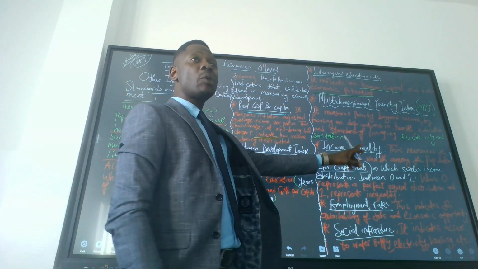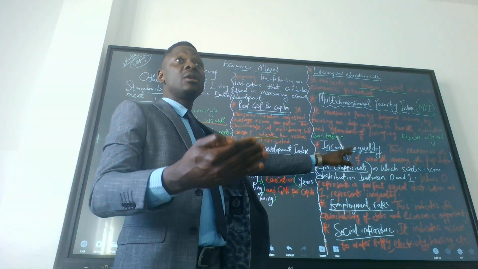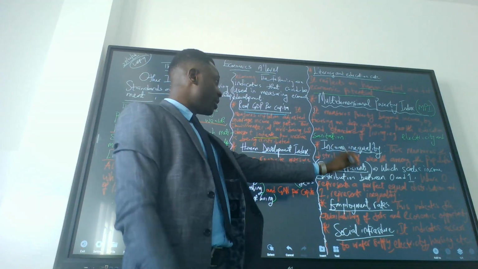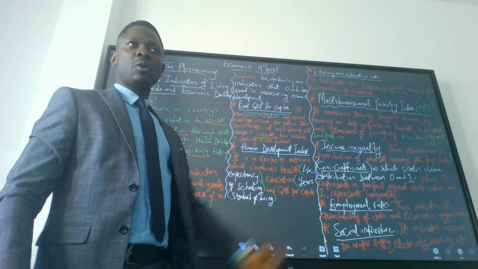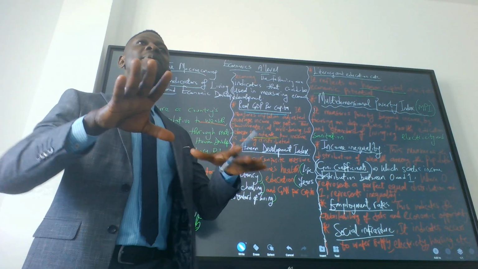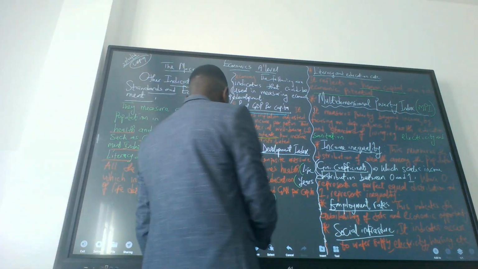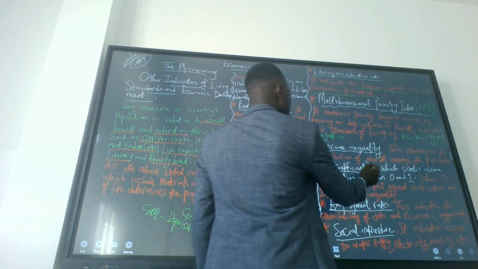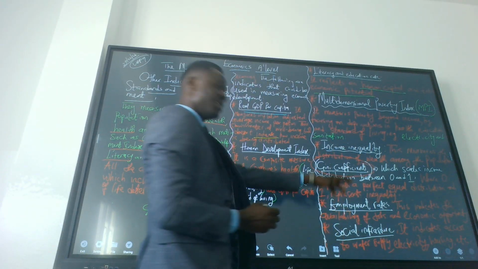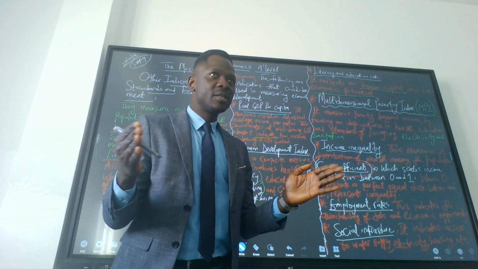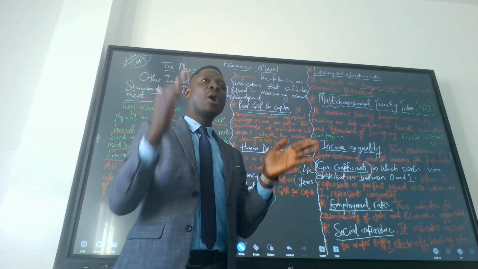Then another indicator that we can use to talk about the progress of an economy through its population is income inequality. For income inequality, we already know this: how income is being distributed within the population. And that takes us to the Gini coefficient, which uses a scale of 0 to 1 to decide wealth distribution.